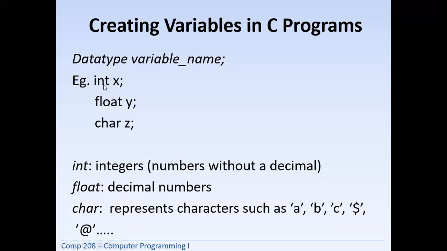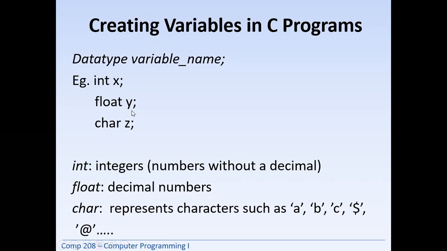Example: int x, float y, char z. int is integer, numbers without a decimal. So we make a declaration and define the variable x as an integer. So x will be only an integer number, without decimals.